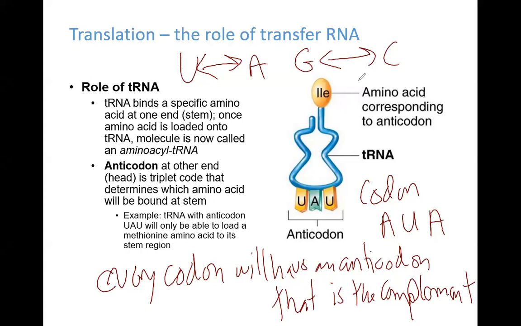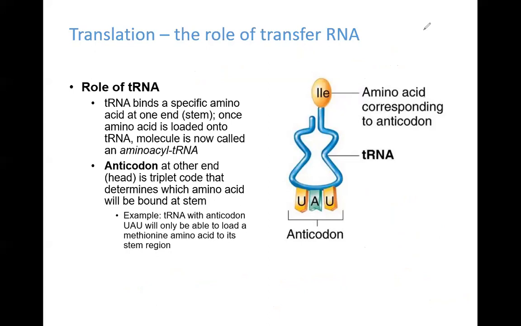Now, at the other end of the transfer RNA, we have the amino acid attached. It is going to be specific for that anticodon. So whatever the anticodon is, it's dragging a unique amino acid.